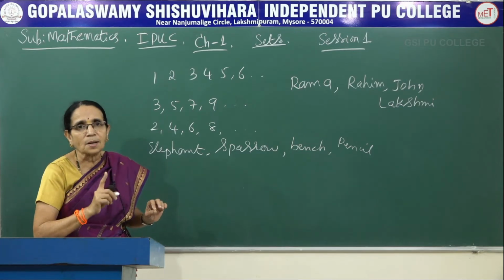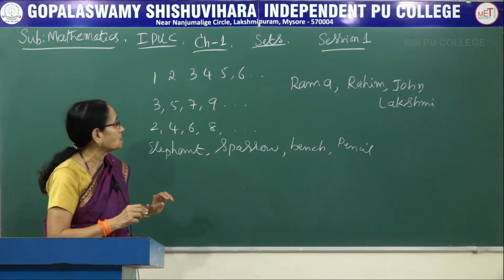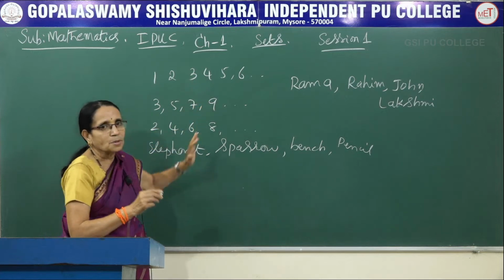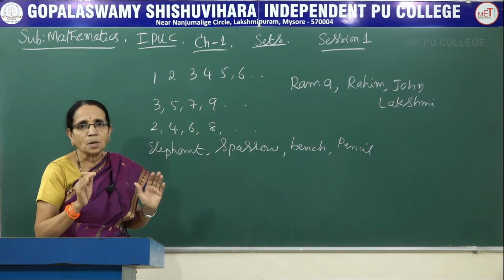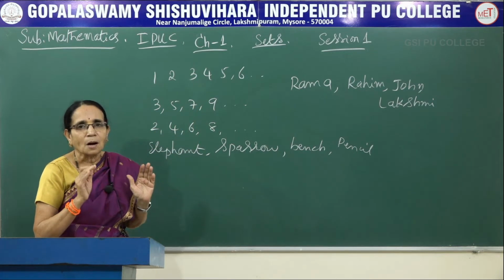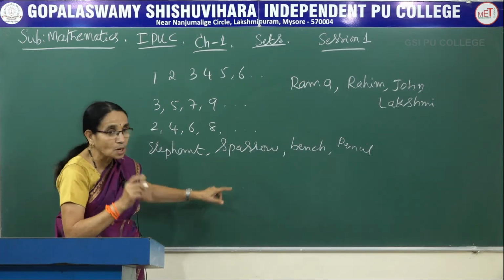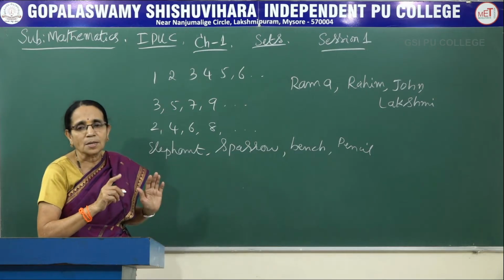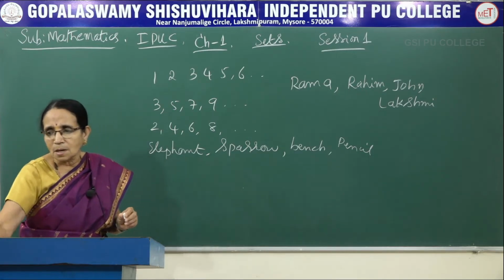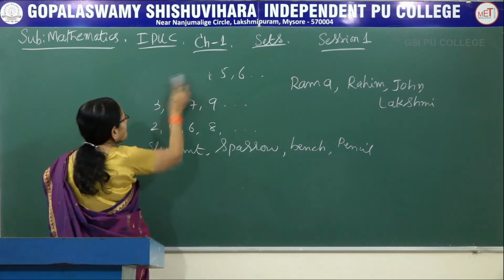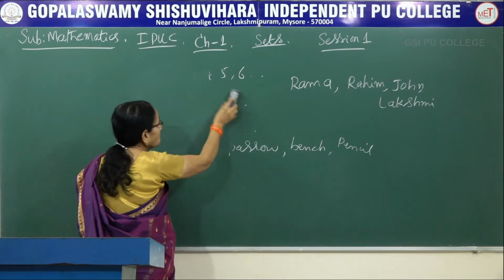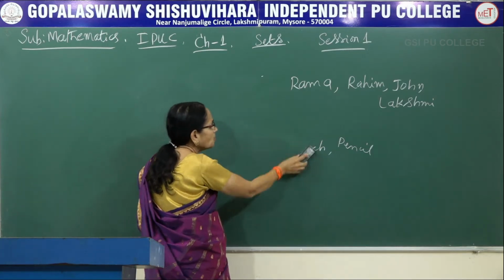So the word well-defined is very important here. Well-defined means all of them should have a common property, or all of them should be of the same type. Whereas this fourth one, though it is a collection, I don't call it a set. Now, it can be of any type, need not always be numbers here. The collection can be of anything.